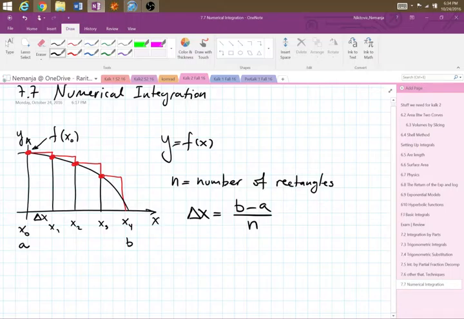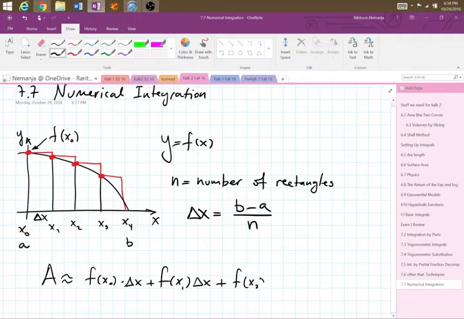So now when you have this particular situation, and this is all in Calculus 1, you are supposed to know this or be familiar with this at least, we say that the area is approximated by simply adding all of the individual areas. Let's do it one by one. So we have f of x0 times delta x plus f of x1 times delta x plus f of x2 times delta x plus f of x3 times delta x.